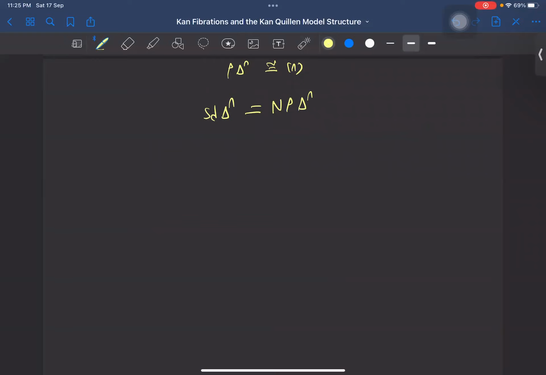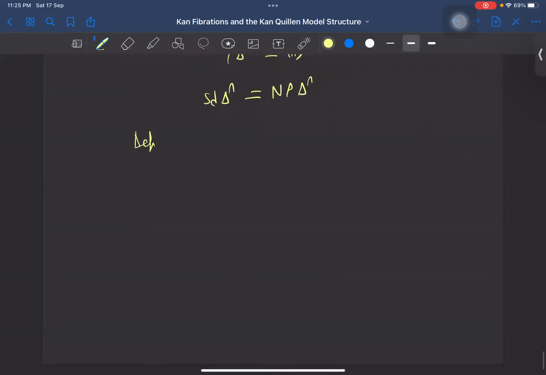I'll give a few examples as well, but let me just define the subdivision the way you are supposed to think of it for an arbitrary simplicial set, not just the standard n-simplex. So for a simplicial set X, this will be the colimit like this. So this is my definition.